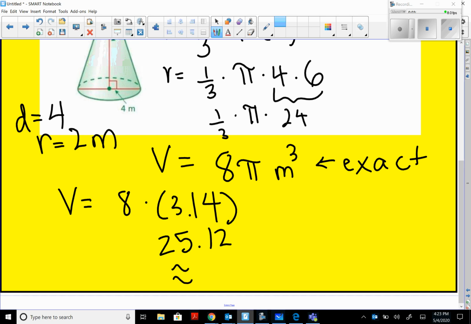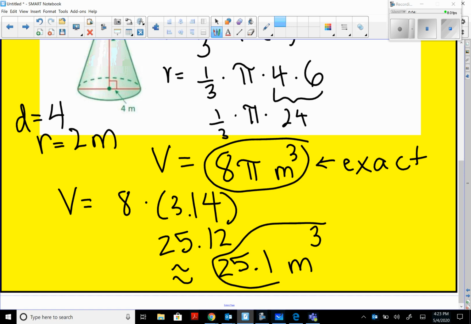So the approximate volume of this particular cone, rounded to the nearest tenth, would be 25.1 cubic meters. So here's our exact answer. Here is our approximate answer.